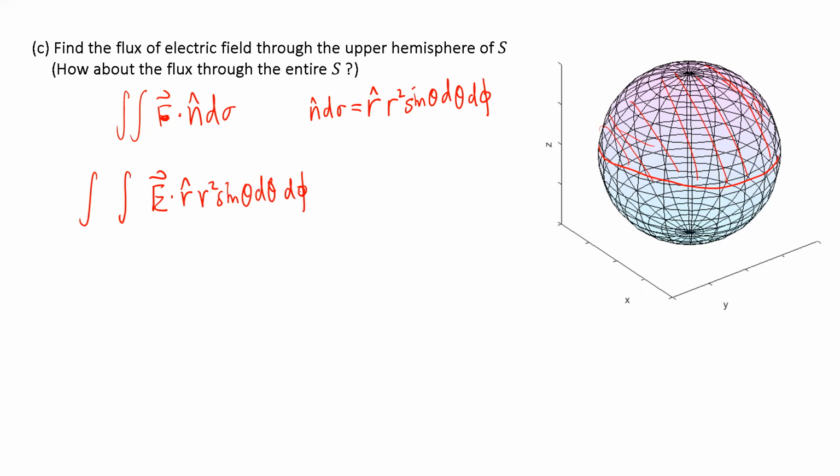This is a double integral that we are going to do. The phi limit, for the whole northern hemisphere, will go from 0 to 2 pi, but the polar angle just goes from 0 to pi over 2. And what is E dot r?